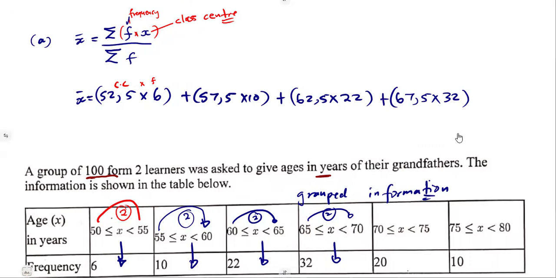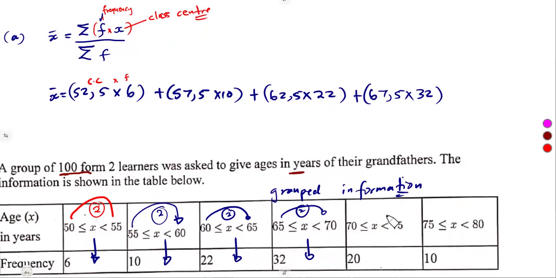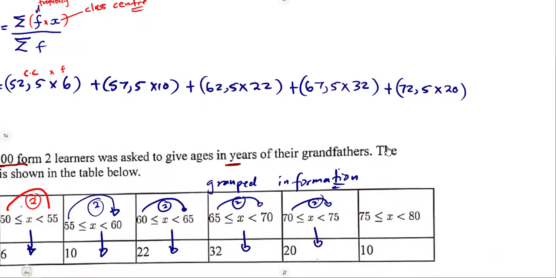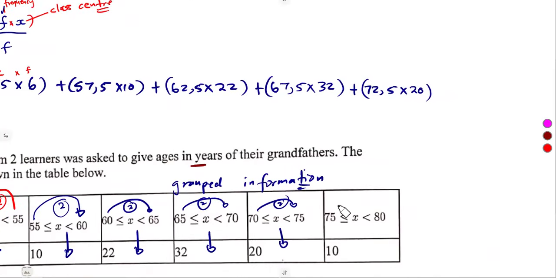You do the same thing for 70 to 75: add, divide by 2, that was 72.5, times the corresponding frequency, which is 20. For the last one, 75 to 80, divide by 2, it gives us 77.5 times the corresponding frequency there, which is 10.